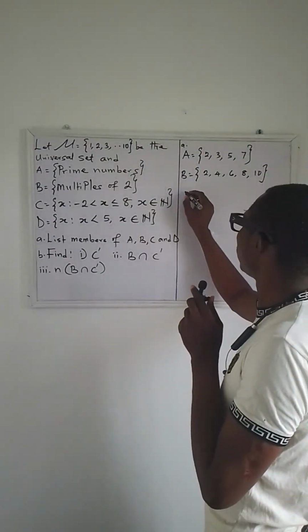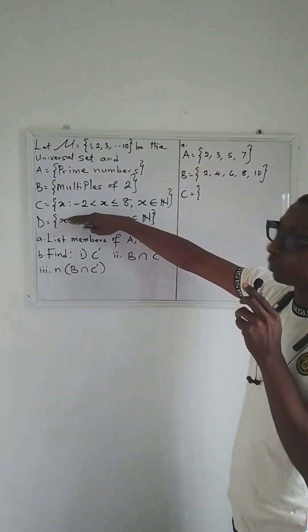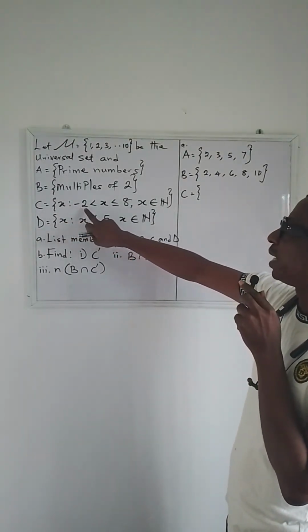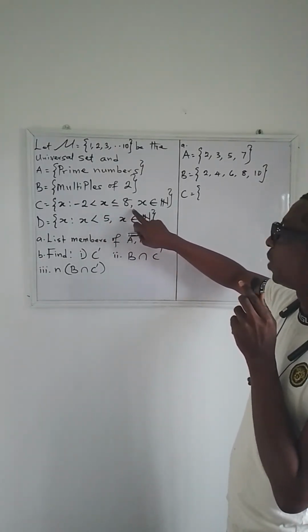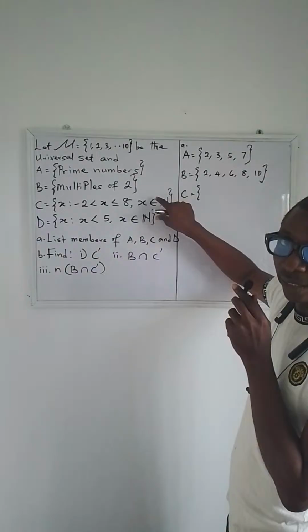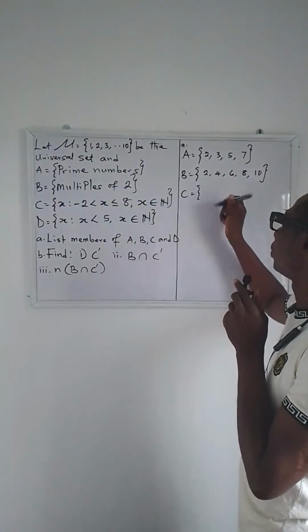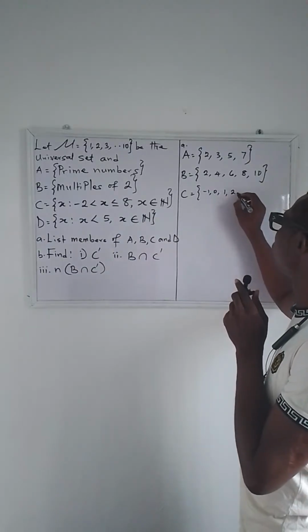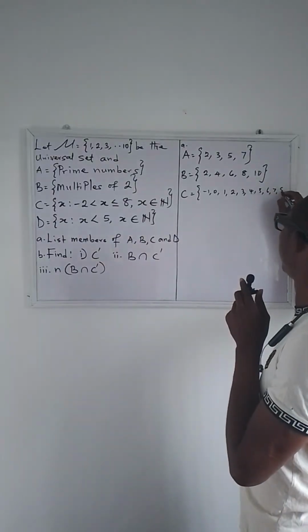The next one is set builder notation. We have the set of x such that minus 2 is less than or equal to x and x is less than or equal to 8, where x is a natural number. n represents the set of natural numbers. If you list all these elements, you have minus 1, 0, 1, 2, 3, 4, 5, 6, 7, and 8.